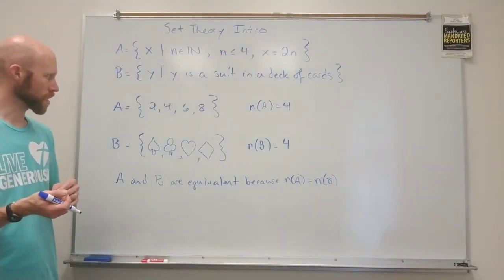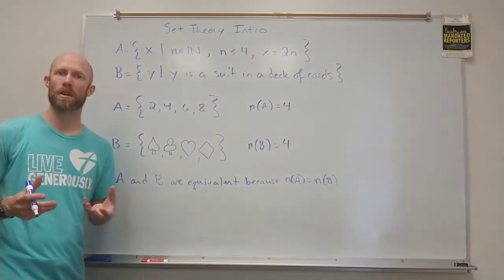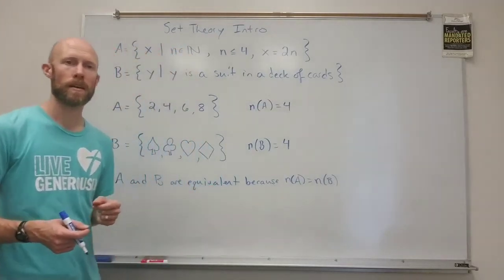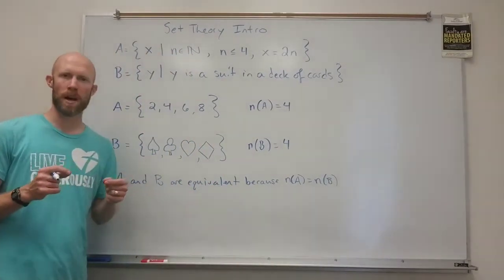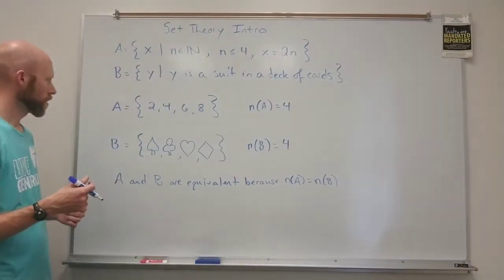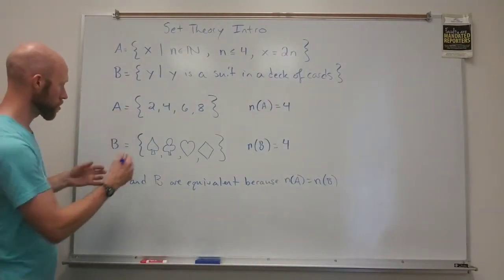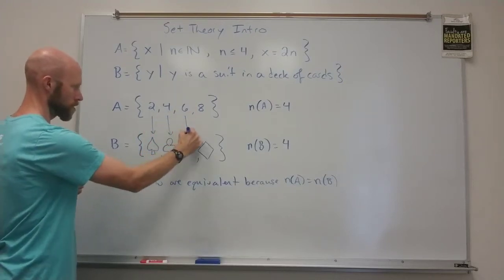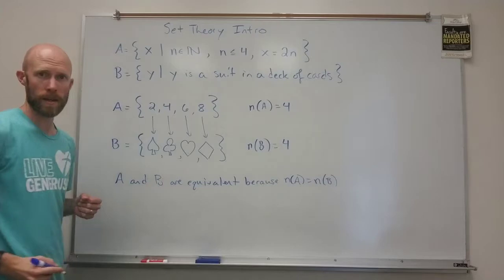Now, what's interesting is that when you have 2 sets that are equivalent, not equal, but equivalent, you can correspond the elements of one set directly to another. In other words, I could just relate the number 2 to spade, 4 to club, 6 to heart, and 8 to diamond.